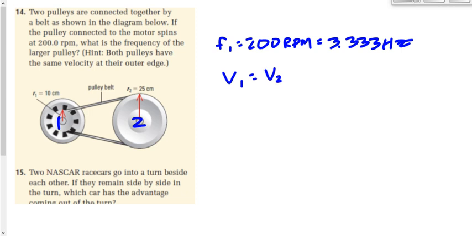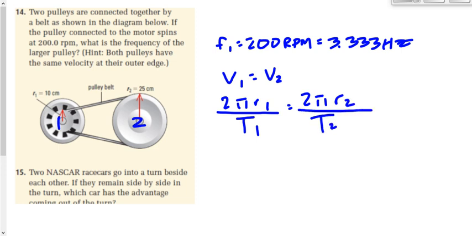Like, they tell me that, right? Well, we know that 2 pi r for number 1 over t for number 1 is equal to 2 pi r for number 2 divided by the period for number 2. Oh, I can find the period for number 1, right? 1 over 3.333. What's that? 0.3?